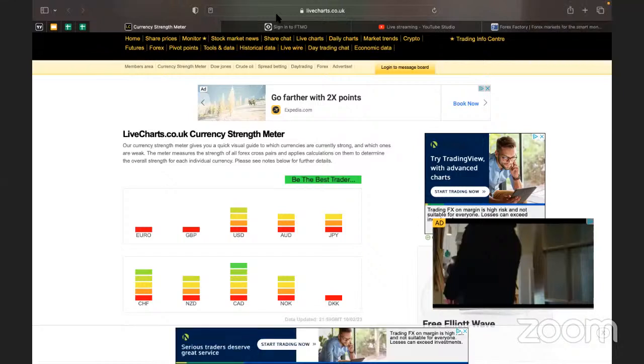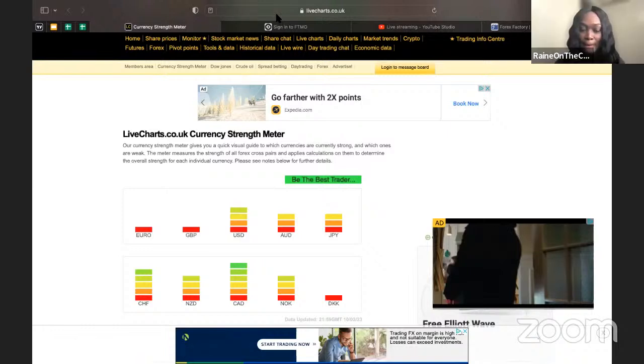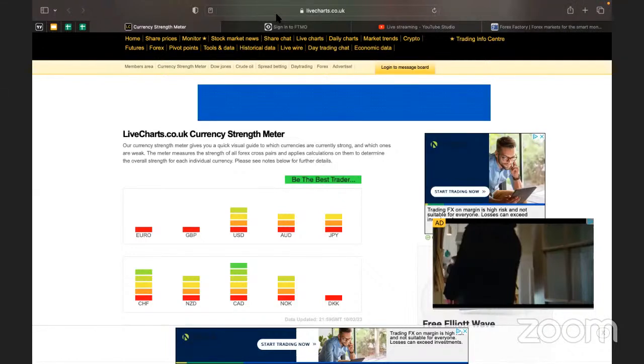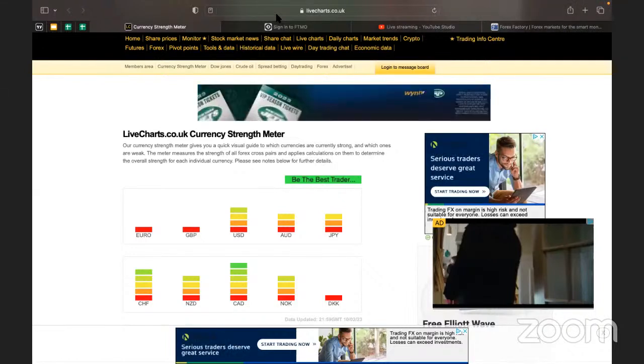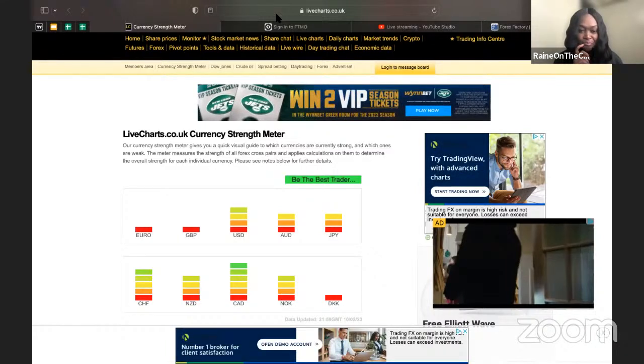The first one is weak, CAD is strong. What did you say, Jeff? Sell. Sell, absolutely. I'm looking for a downtrend when I see that. On the flip side, let's see.